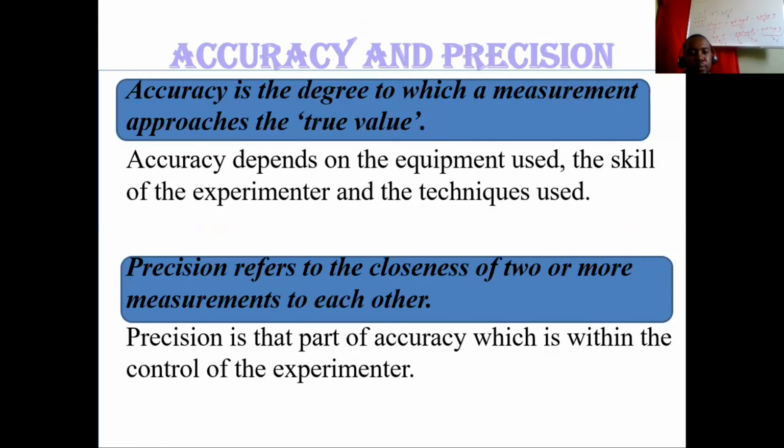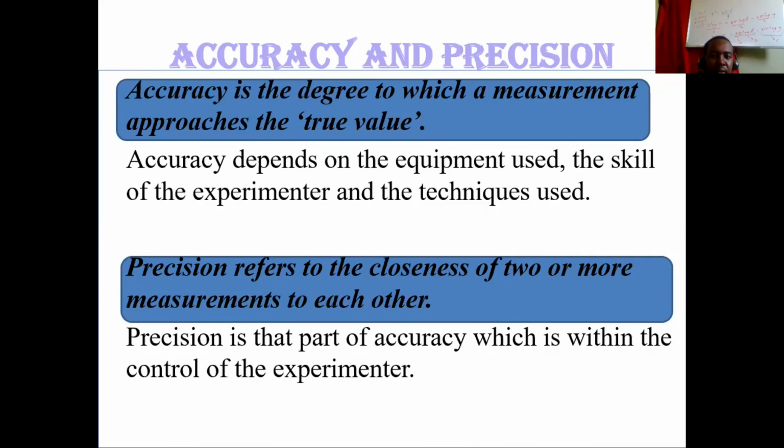All right, so before we look at units, these are terms that you should be aware of: accuracy and precision. So accuracy is the degree to which a measurement approaches the true value. And the true value would be the actual value of the reading for the specific quantity that you're measuring, right?